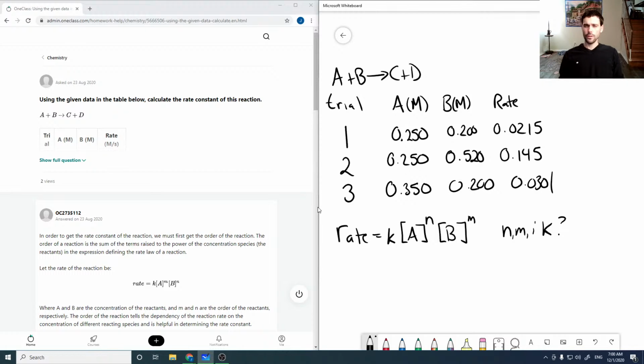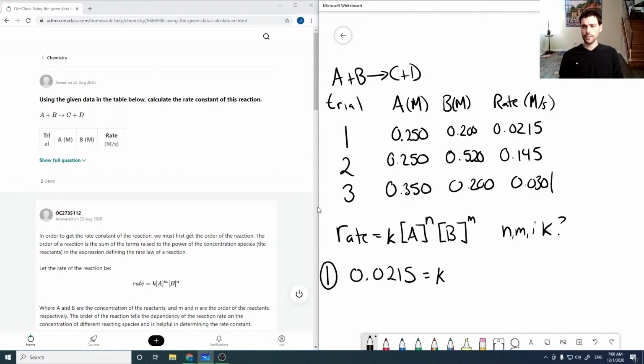Okay, so the way to go about this is to write out what our equations are here. So from the first trial, we have 0.0215, and I should put that the units on this are molars per second, but in solving it just for clarity, I'm going to drop the units.